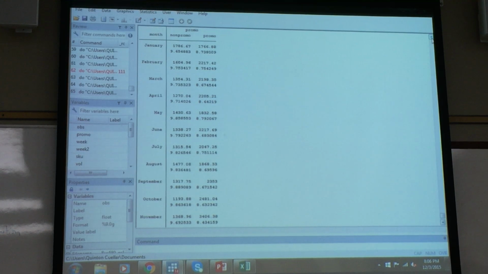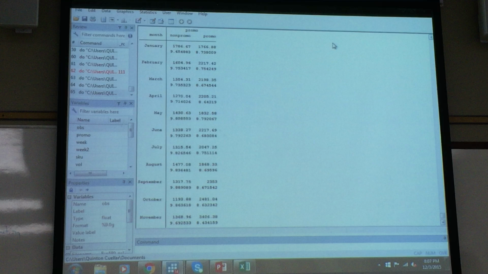And that's probably true in January also. Look here, 965 versus 873, again, more than $1. No, less than $1. A little bit less than $1.